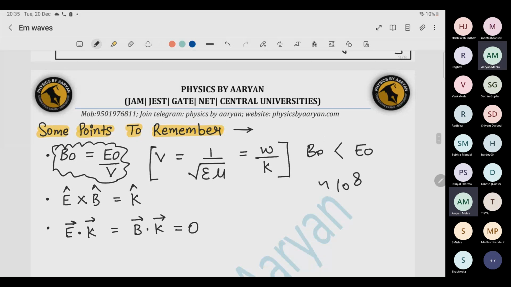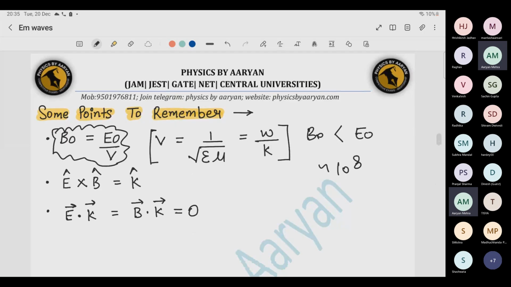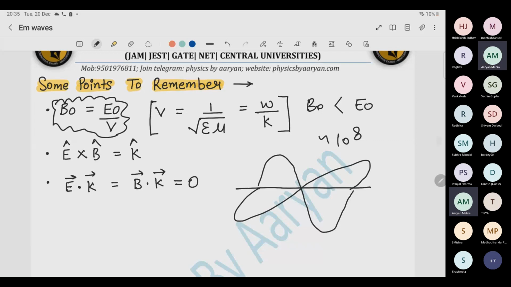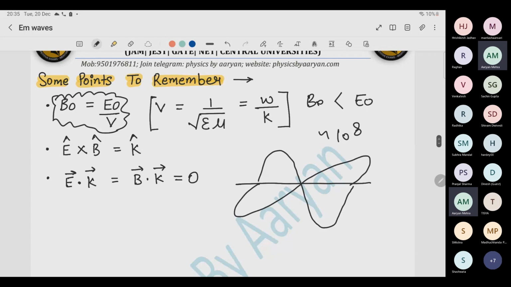So you should always remember that whenever we draw the magnetic field, we have seen these kinds of drawings, right? These kinds of drawings are very much wrong, because they tell us that the electric field and magnetic field have the same amplitude, which is wrong.